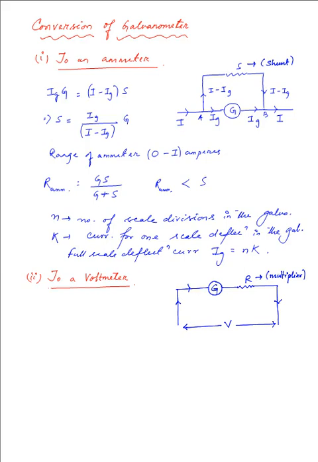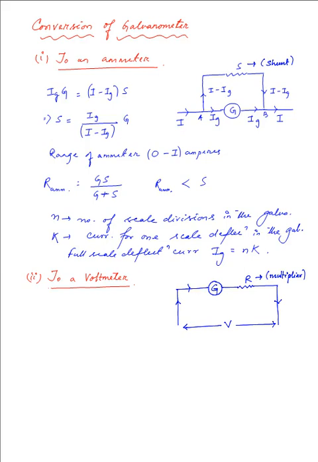A potential difference of a very small 20 millivolt, if applied across the galvanometer, will result in a full scale deflection, just like 1 milliampere of current. This means that the galvanometer can read only up to 20 millivolts.